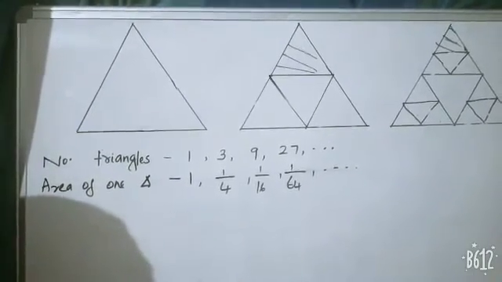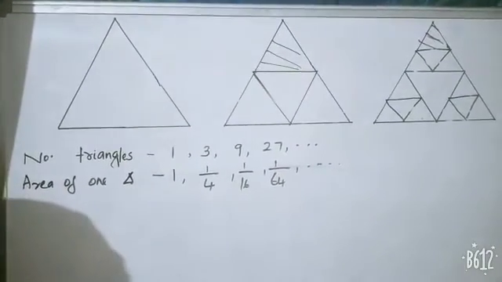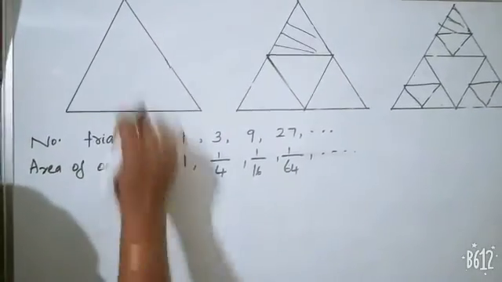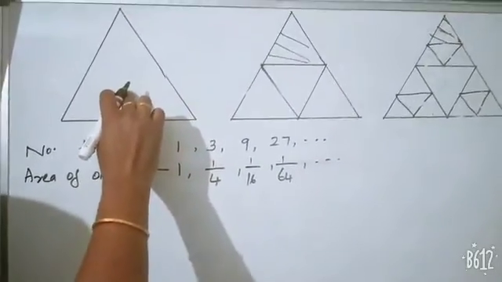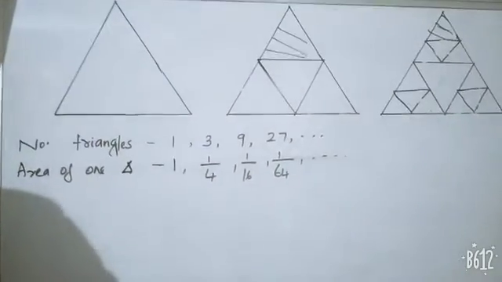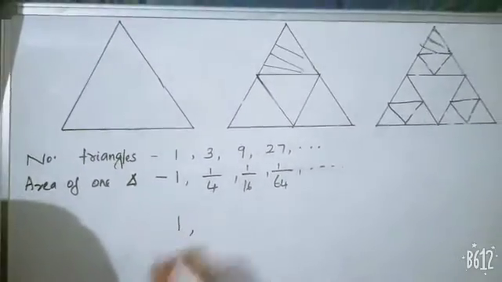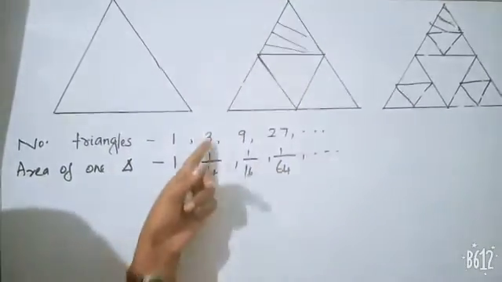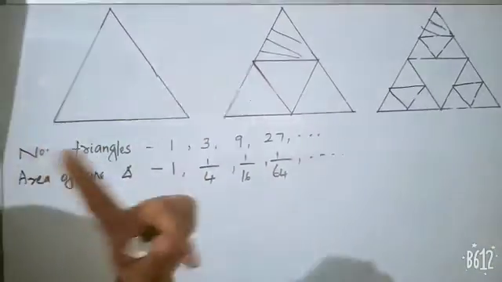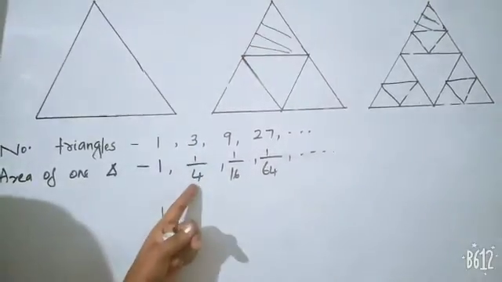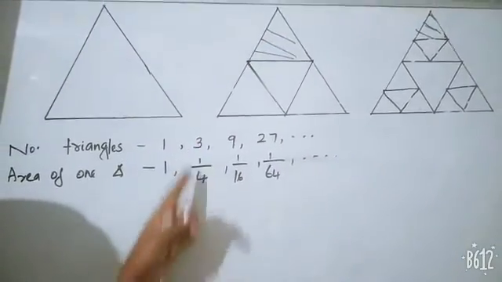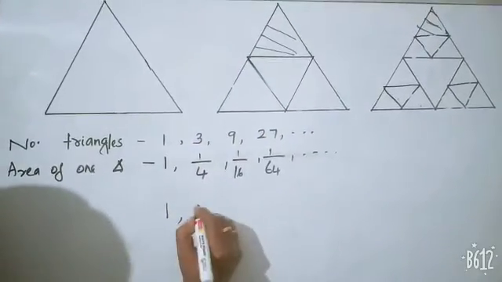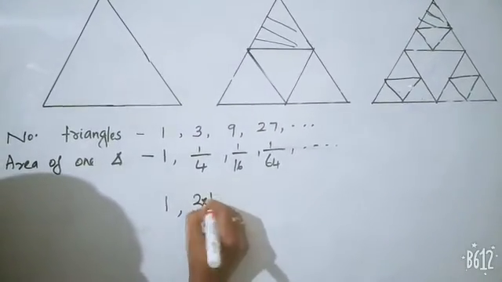Next, we are writing the total area of triangles. In the first figure, only one triangle is given. The area of the uncut triangle is 1. In the second figure, 3 small triangles and area of one triangle is 1 by 4. So, total area of these 3 triangles is 3 into 1 by 4.